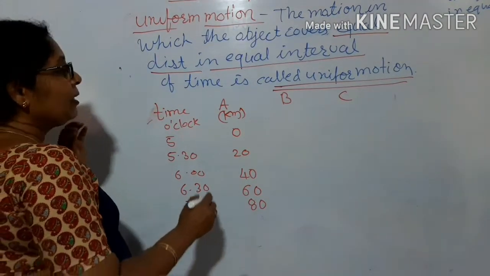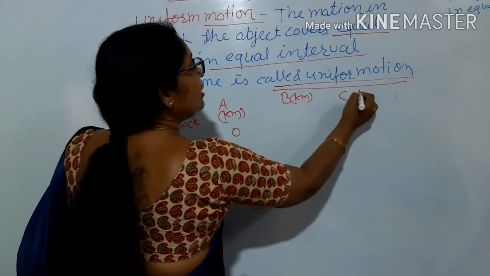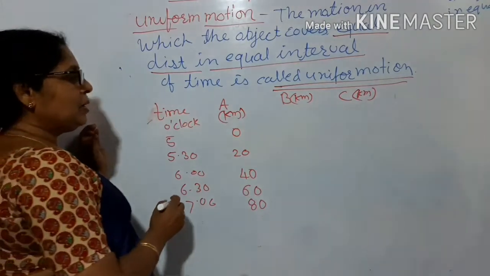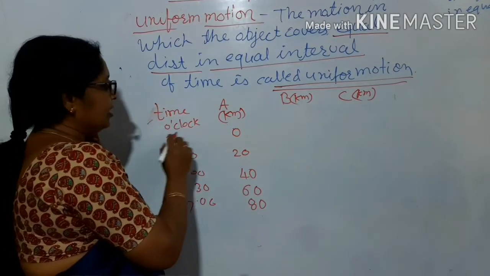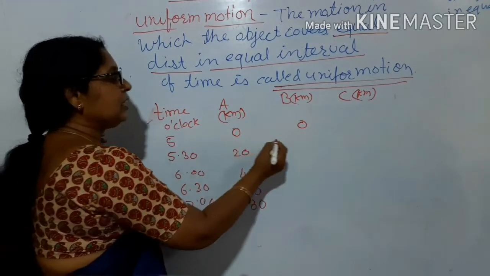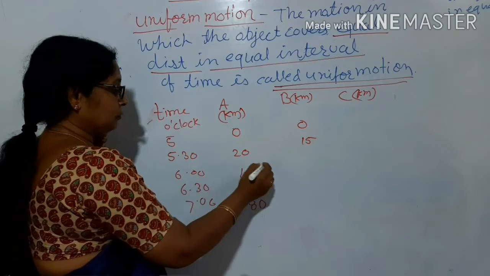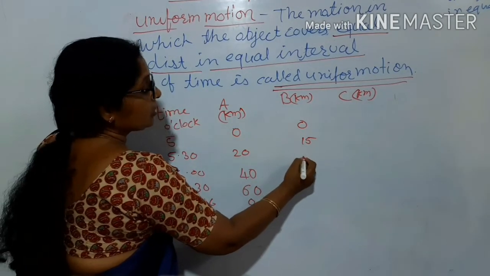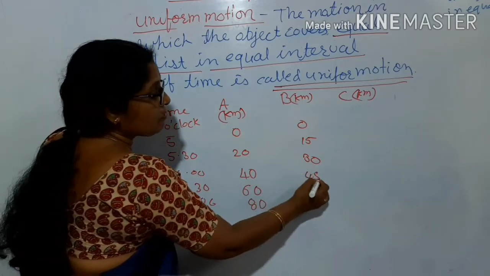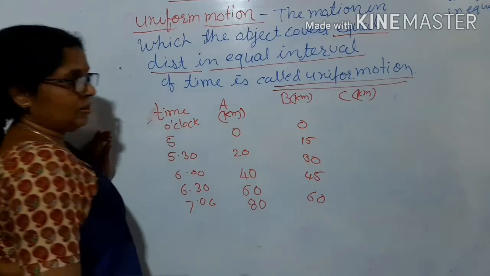Similarly, B person, this distance also in kilometer. So B person completed at 5 o'clock 0 kilometer, and 5:30 15 kilometer, and 6 o'clock 30 kilometer, and 6:30 45 kilometer, and 7 o'clock 60 kilometer.